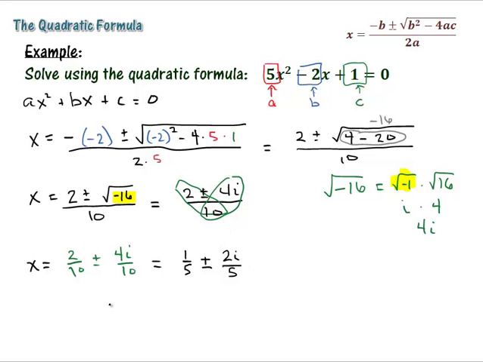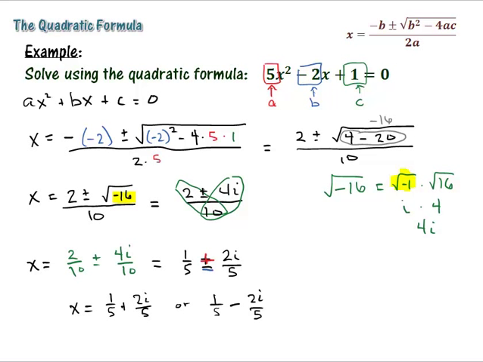And then we'll go just a little bit further, and we'll split up the positive part, the plus part, and the minus part, and write it like this. x equals 1/5 plus 2i over 5, or x equals 1/5 minus 2i over 5.